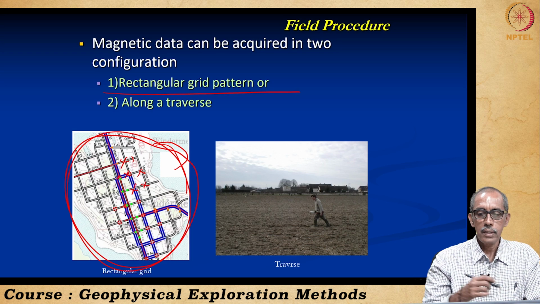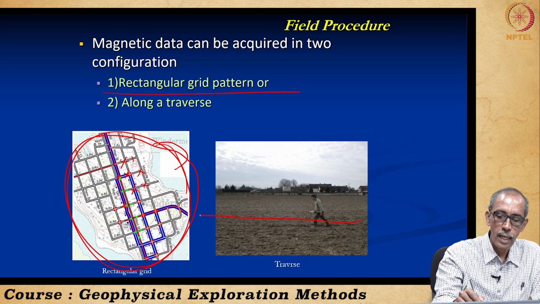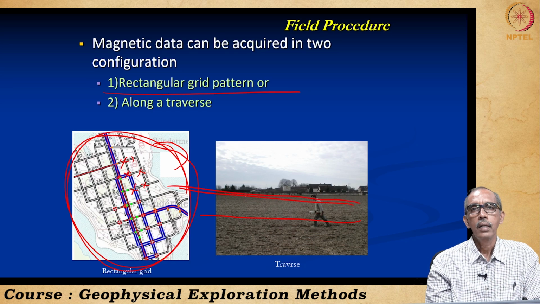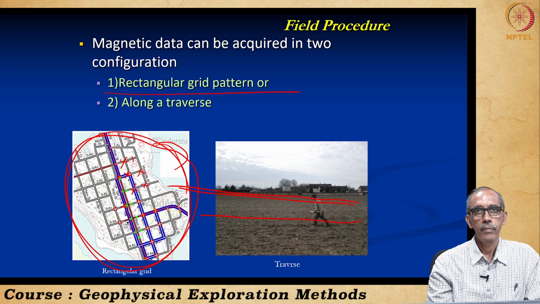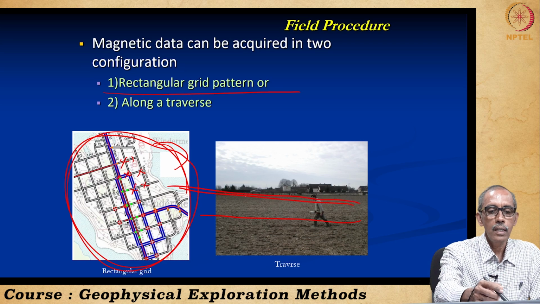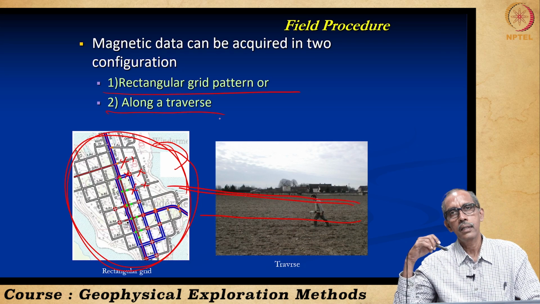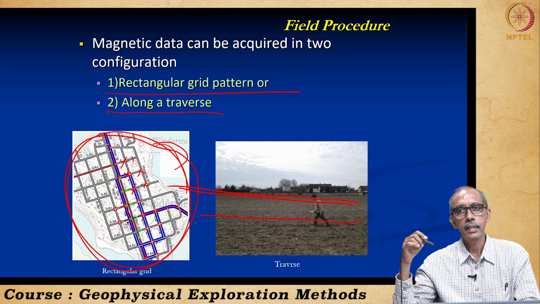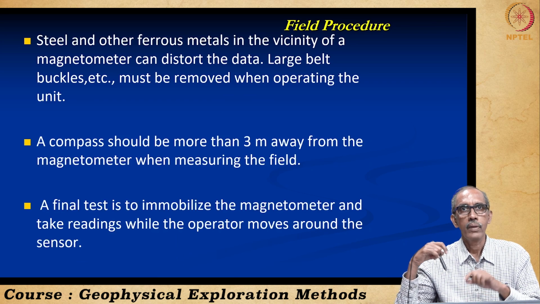Sometimes a survey is carried out along a traverse, along a line we conduct measurements. So, these are the two ways: one is a grid pattern, the second is along a traverse. This is how we carry out the work in the field.